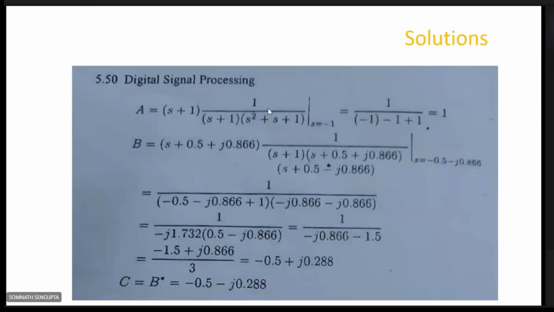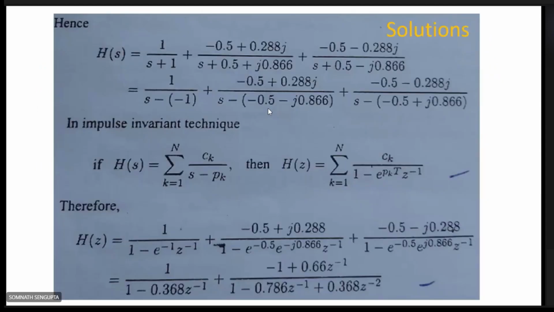So what will happen in this? You already have the value of pk. pk is minus 0.5 minus j 0.866 in one case, minus 1 in this one, and this one.